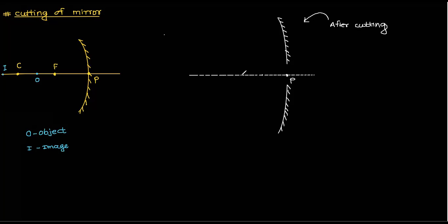And on this only you are having the object also here. This is, suppose, object O. But this is cutting finished. After cutting we have placed like this two parts which are perpendicular to the principal axis.